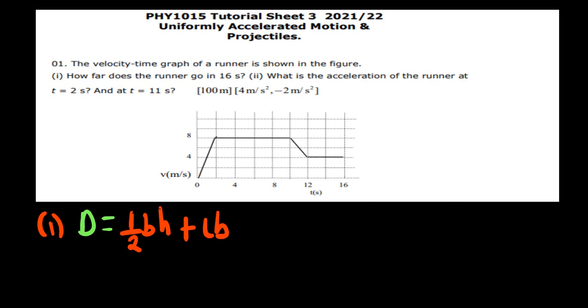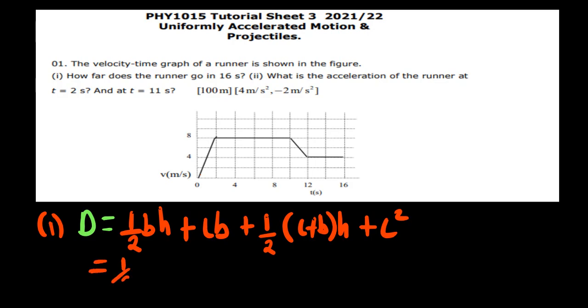Plus a trapezium, which is half (L plus B) times H, the height. Plus we have a square at the end, so that will just be L squared. So let's now find this.